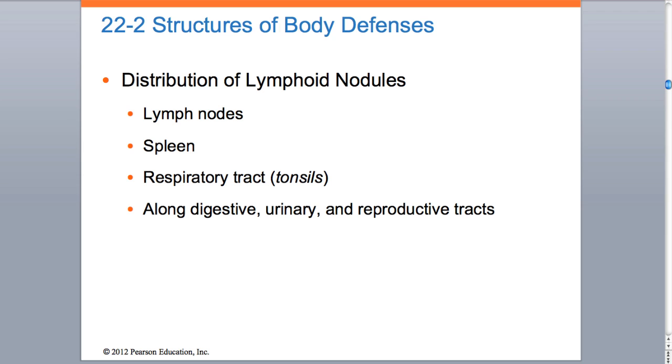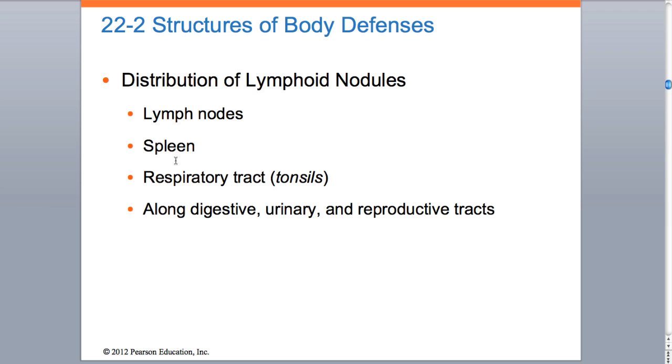Now, where do I find these lymph nodes or lymph nodules? I find them as lymph nodes, find them in the spleen, find them in the respiratory, that's why they're in the mouth, in the digestive, in the urinary, reproductive. Now, what's the best way to remember this? Anywhere and everywhere, especially where you have what? A connection with the blood. Let's take an example of this one.